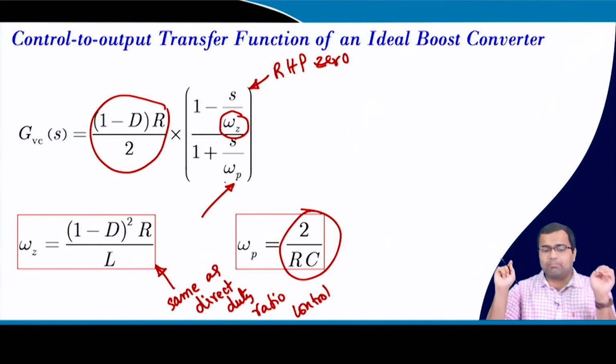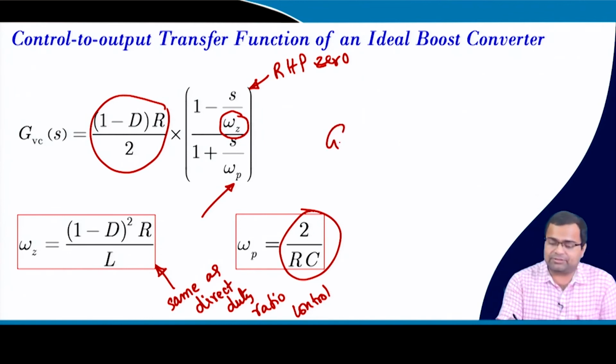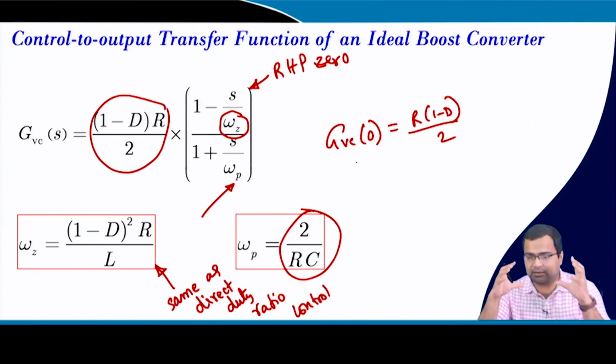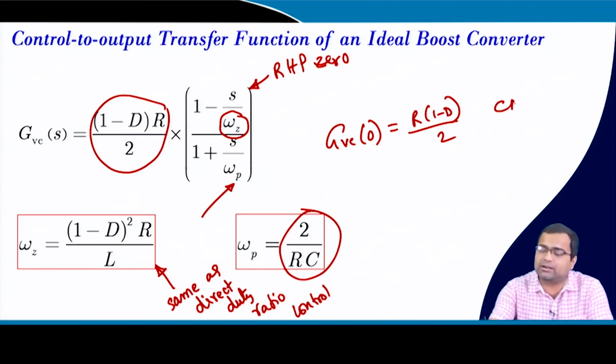At the same time, the closed loop DC gain is R times (1 minus D) by 2, and that is the problem, because the closed loop DC gain depends on the resistance. This is for current mode control with closed current loop, with no outer loop.